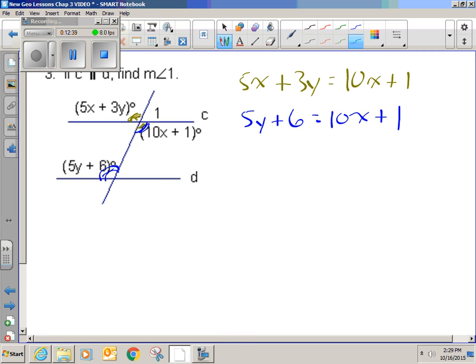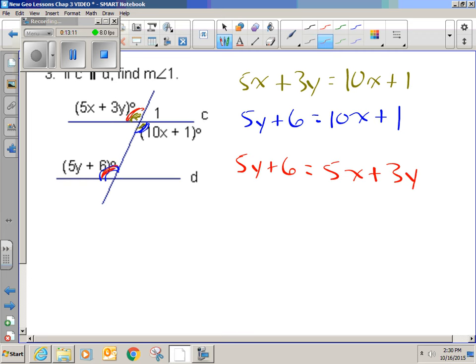And now it's almost like we're proving the corresponding angle theorem. Do we see that these 2 angles, I'll do it in red, this angle and this angle, those are corresponding angles, so they must also be equal. So 5y plus 6 is going to equal 5x plus 3y. Okay? And we just almost proved the corresponding angle theorem.